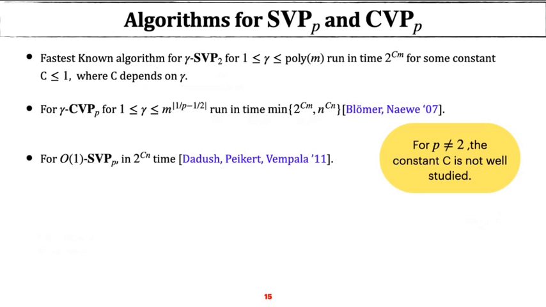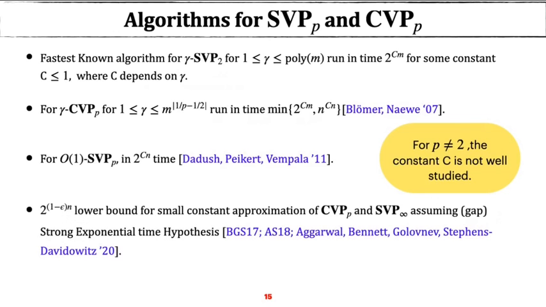There is no upper bound known, but in terms of lower bounds, recently there has been a series of work by Aggarwal, Bennett, Golovnev, and Stephens-Davidowitz, and in this one they show a 2 to the power (1 minus epsilon) n lower bound for small constant approximation of CVP in any Lp norm and SVP in infinity norm.